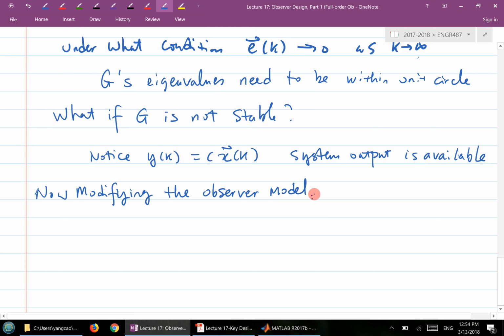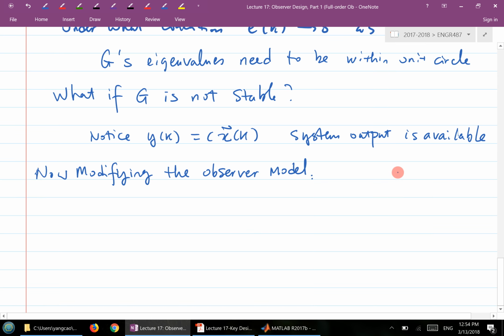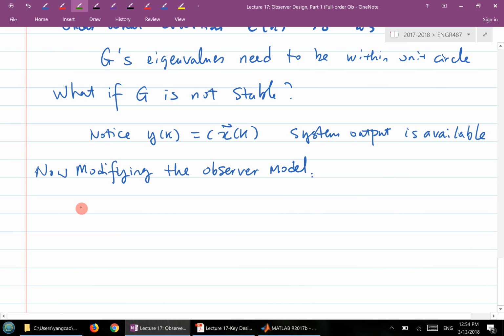So how do we modify? Here is the way. x hat of k plus 1 equals G x hat of k plus H u of k. That's exactly the same as the observer right now.